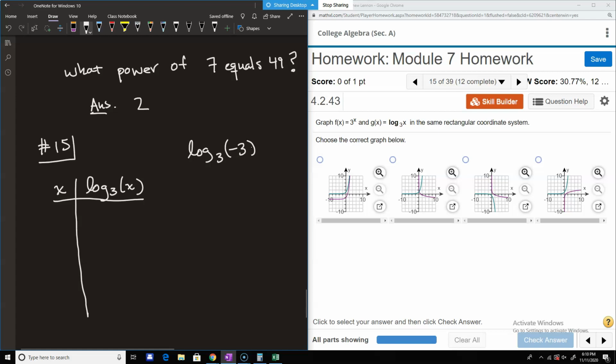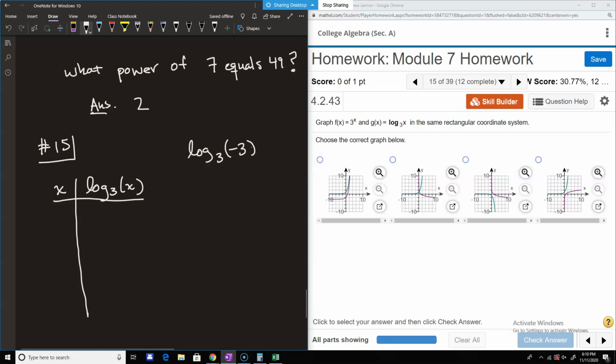There's in fact no such number. You can't do it, right? If you take 3 and raise it to any power, it's always going to be a positive number. 3 to the x is a graph that's completely above the x-axis. It only has positive numbers.